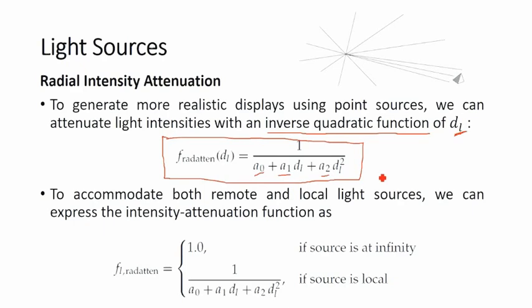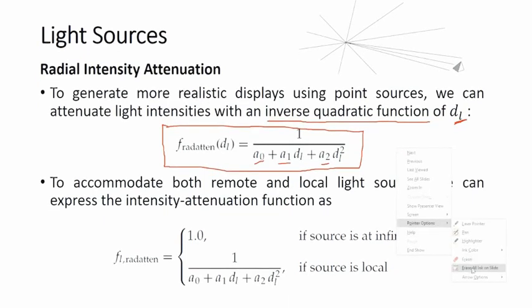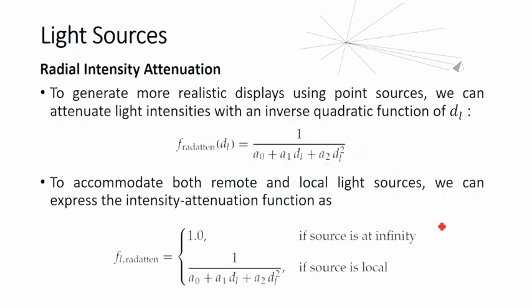Now let us see how we can model this radial intensity attenuation with respect to a source at infinite distance or a local source, if the light source is local to the scene, basically like a point source, right? Now if the source is at infinity, then there will not be much of a difference with respect to the intensity.